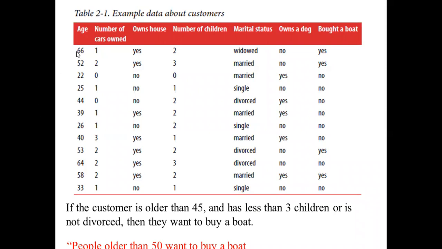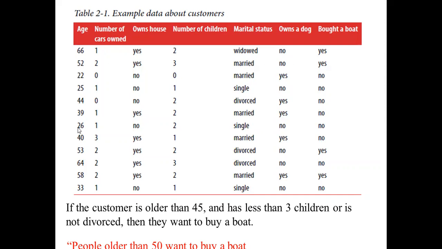Age 45, yes, this person is greater, and has less than 3 children, it means 2 is correct. Not divorced, so widow doesn't mean divorced, so we will consider this. And yes, this person has bought, so this record satisfied the rule. Next, the second, 52 is greater than 45, but this person doesn't have less than 3 children, so we will skip this rule for this person.